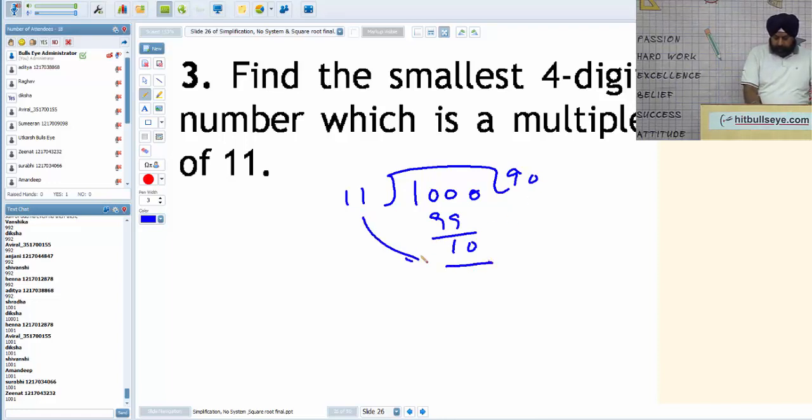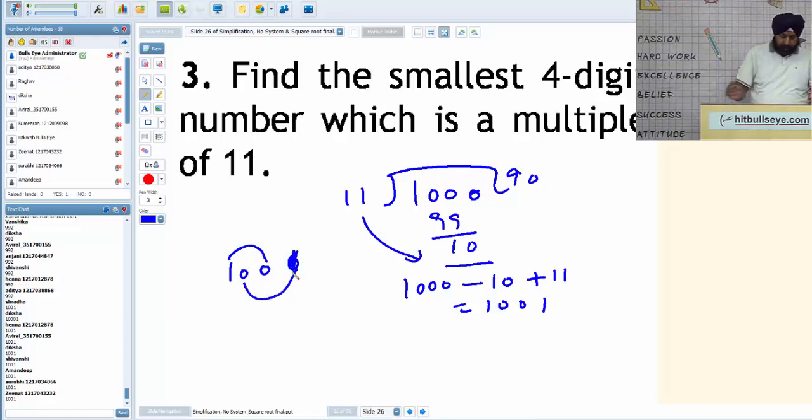To make it divisible, as discussed earlier, you should add 11 minus 10, that is 1000 minus 10 plus 11, so it is 1001. Or alternatively, take 1000. For odd and even places, it's 1 plus 0 and 0 plus 0, so we need to add 1. So you can make use of the divisibility rule also in case of 11. I hope you understand this.